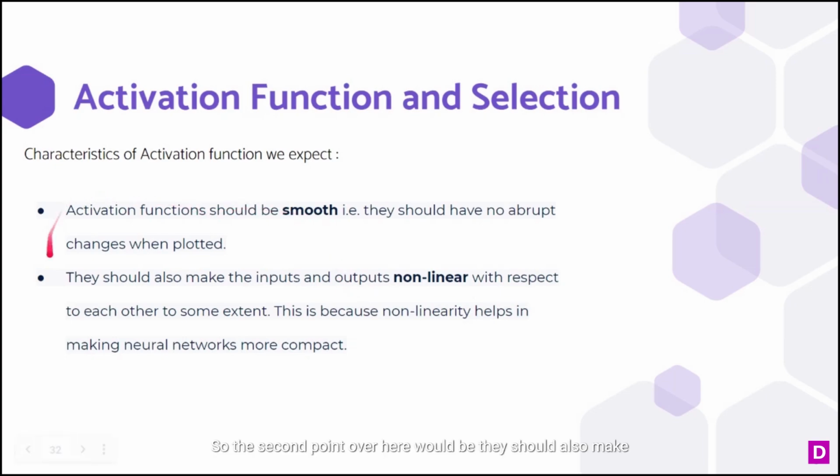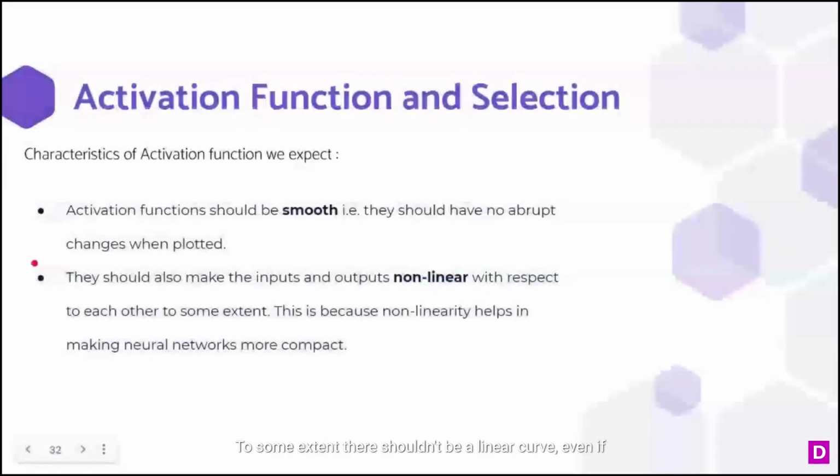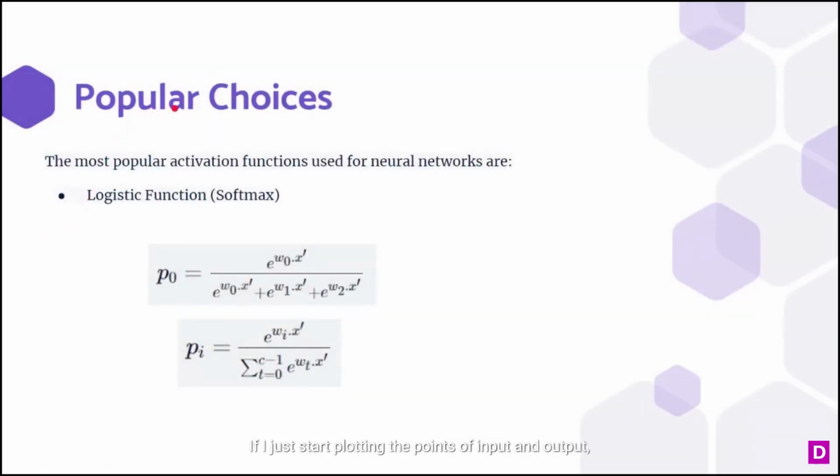The second point is that they should also make the inputs and outputs non-linear with respect to each other to some extent. There shouldn't be a linear curve. If I start plotting the points of input and output from the origin and just get a straight line, that would not be the behavior of an ideal activation function.